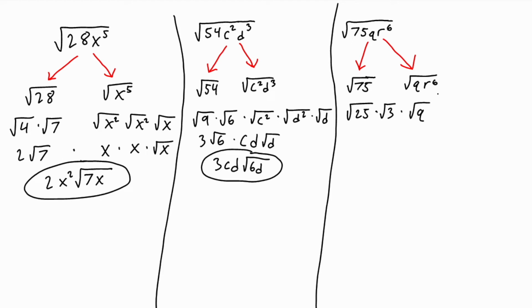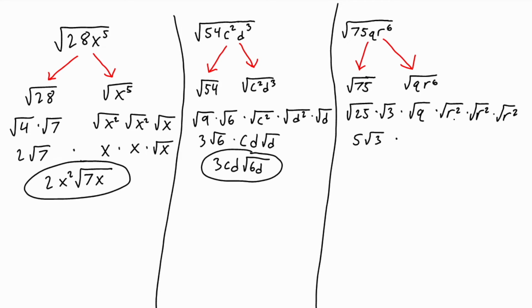And r to the 6th, well, that's 2 times 3, so we'll have 3 r squareds. So square root of r squared, square root of r squared, square root of r squared. So we've got square root of 25 is 5 times the square root of 3. Let's do the perfect squares first.